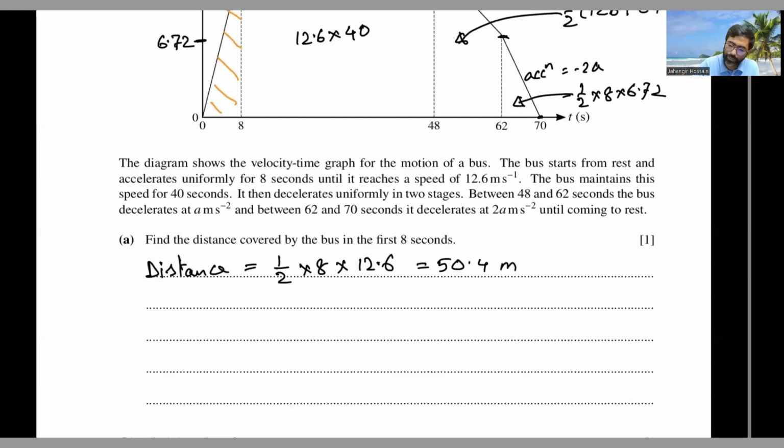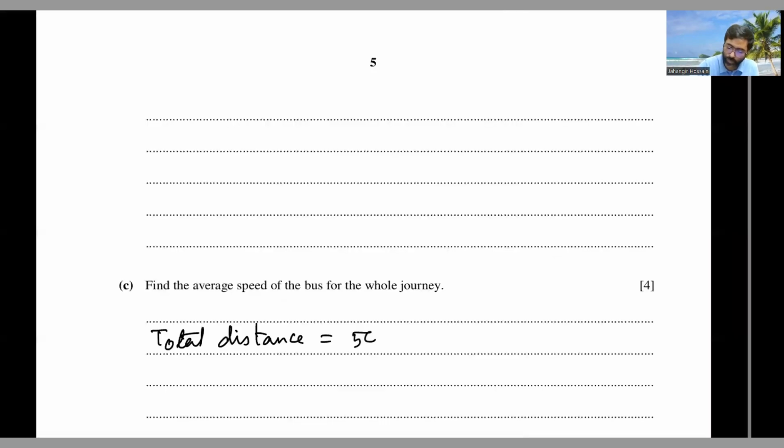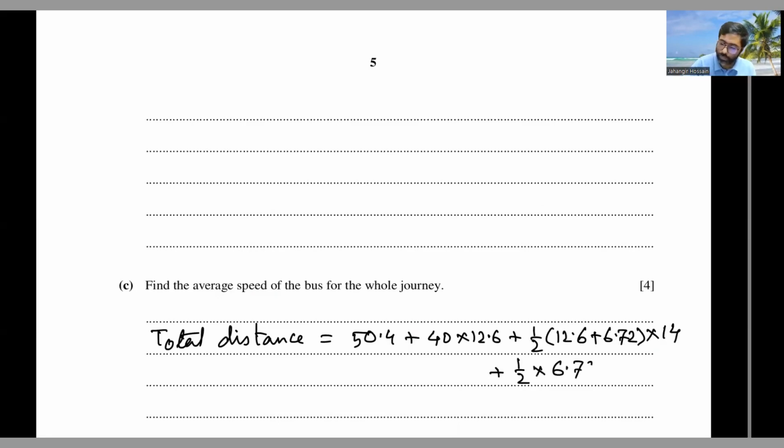So in the first 8 seconds the distance traveled is 50.4. The next 40 seconds is 40 into 12.6, and the next 14 seconds is half into 12.6 plus 6.72 into 14, plus half into 6.72 into 8. That will give you the total distance.